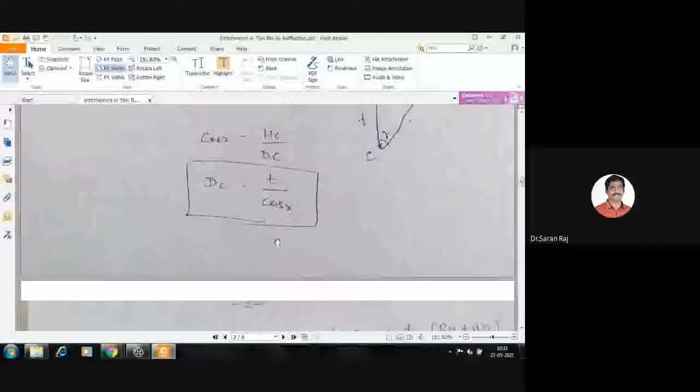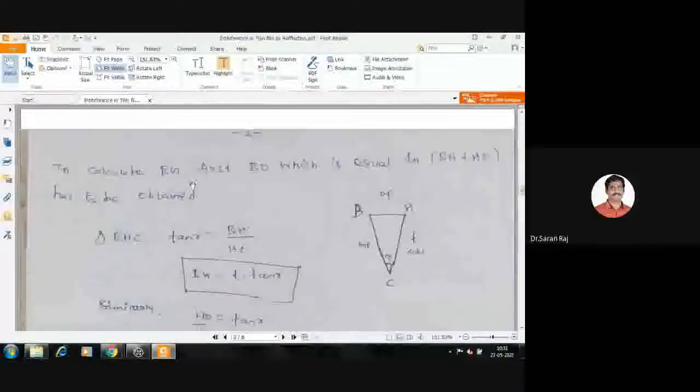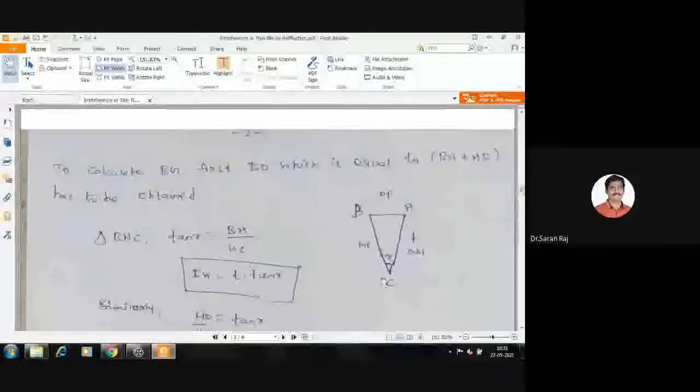Okay, so to calculate BG, first we need BD, and for that, BH. See the same triangle, the one inside the film, with opposite, adjacent, and hypotenuse. In this triangle we can calculate the BH value.